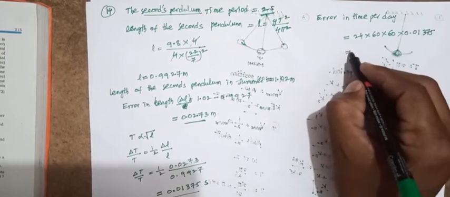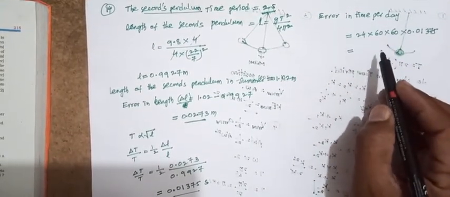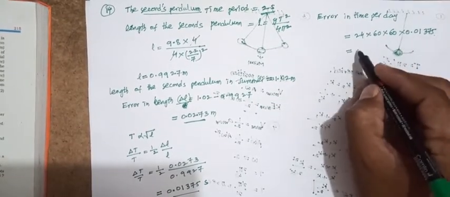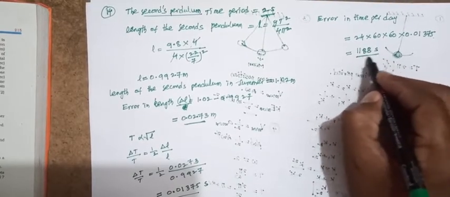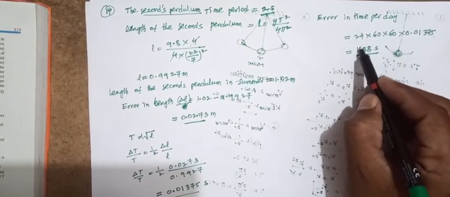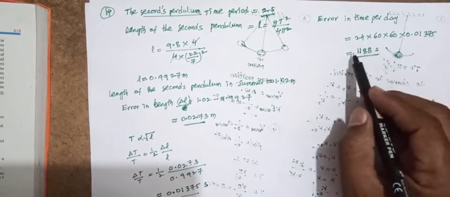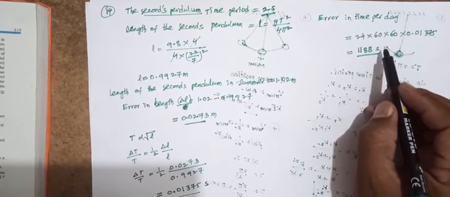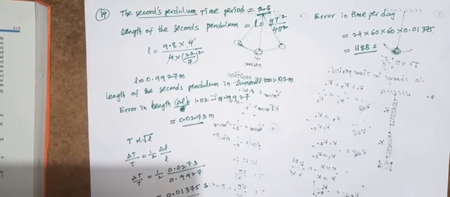So this value becomes 86,400 seconds into this, which is 1188 seconds. This is the gain or loss of time, 1188 seconds. So this is the 14th problem.